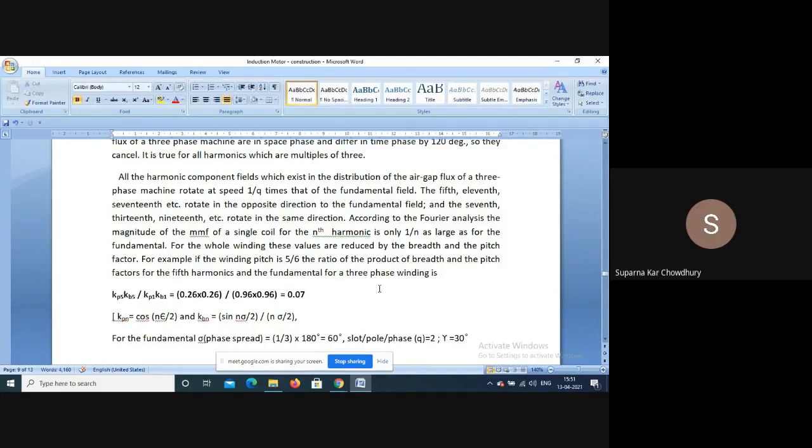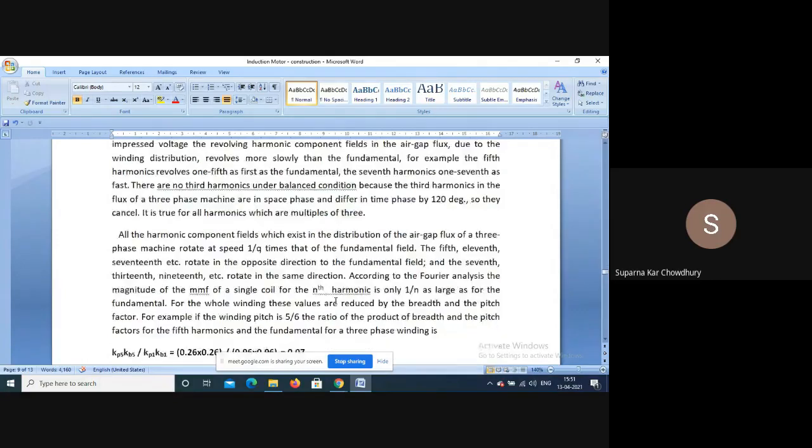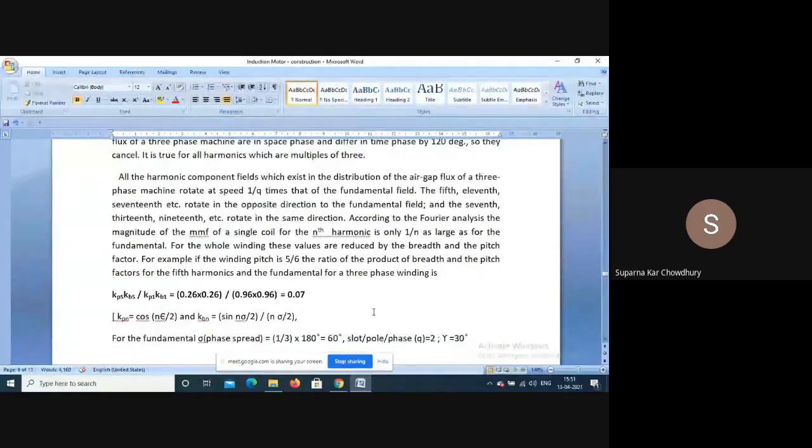According to the Fourier analysis, the MMF of a single coil, nth harmonic is only 1/n as large as that of the fundamental. That is from this Fourier series. This is the form of the Fourier series. For the whole winding, these values are reduced by the breadth and pitch factors.